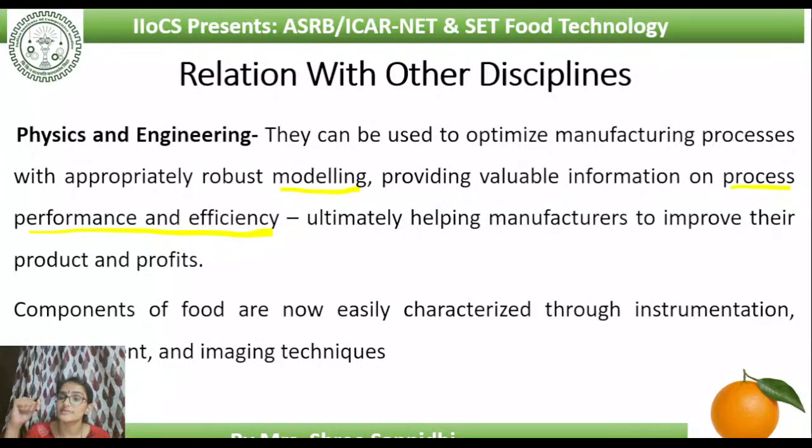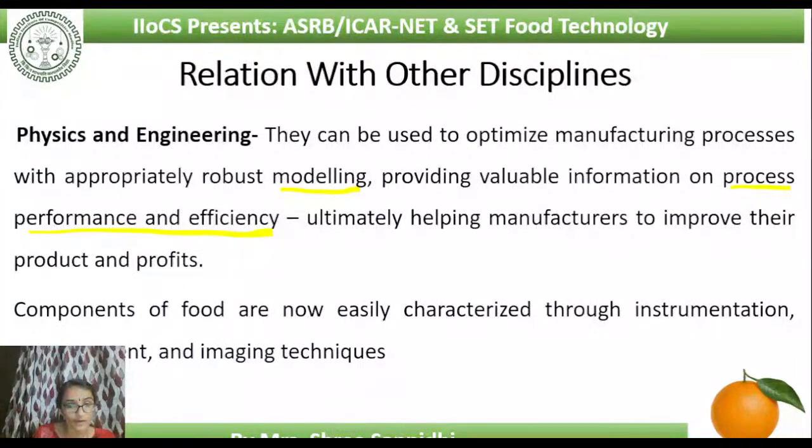We have to see if the CCP, critical control point, that is the temperature required to kill the microorganisms, is met. If it is not met, then the milk is not processed properly, right? That temperature indicator is nothing but the process performance, the valuable information providing instrument, that is done with the help of physics and engineering. So ultimately physics and engineering will be helping us and the manufacturers to improve the final product and the profits.